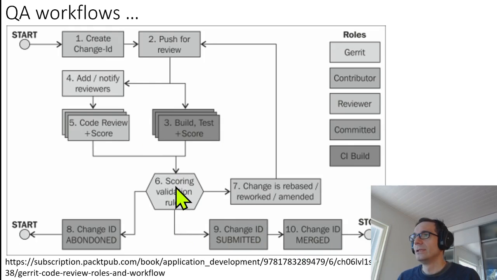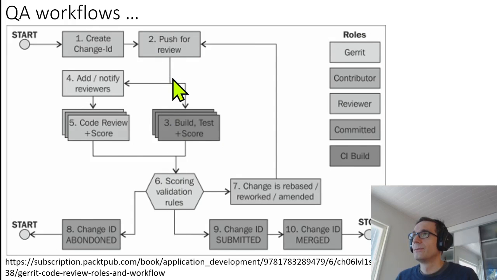If it's really bad, then the change is abandoned and you start over. Then there is a branch here for rebasing and rework, where you only make minor changes and you start over. If it's abandoned, the idea, I guess, is that you don't work on that at all anymore. You really start from scratch.